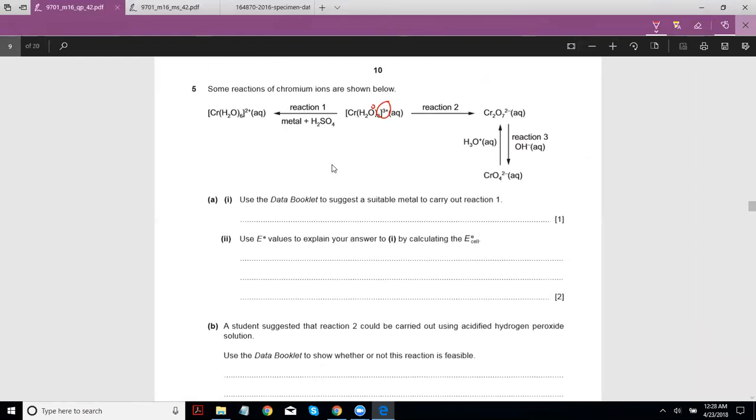So E cell क्या होता है? E cell is basically the difference between the two half equations, right? It's reduction minus oxidation, right?